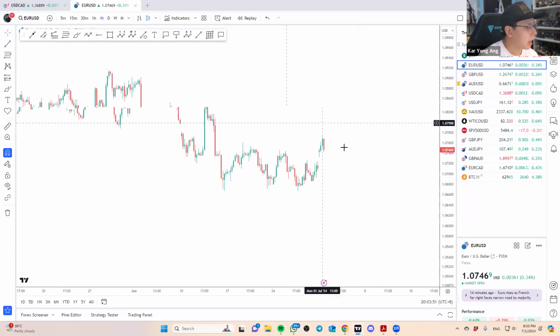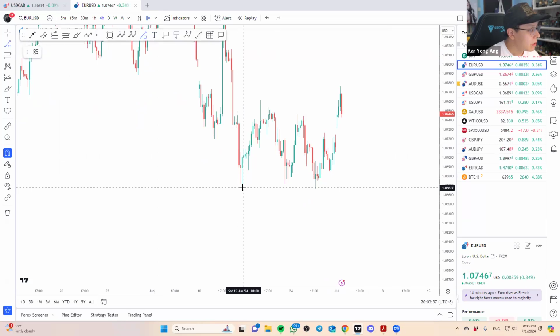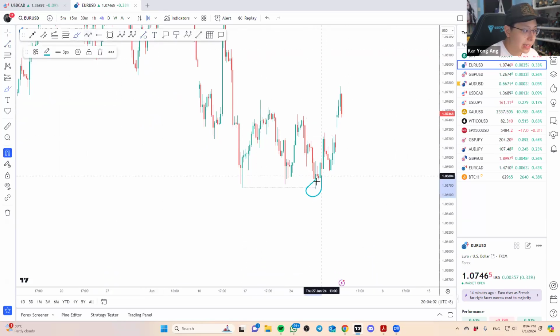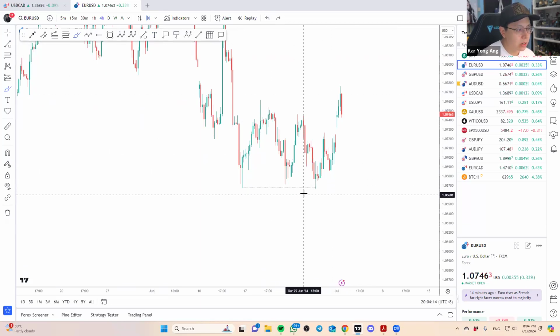Here you can see I've put a horizontal line. In this example, price did break this low, but it's actually a wick. It tagged it, broke it, but did not close below it. So we don't consider this a break of structure.